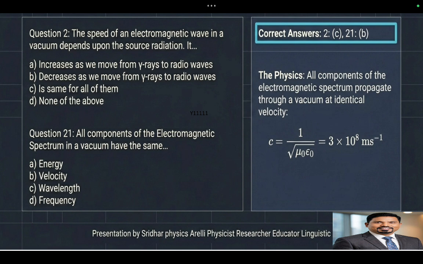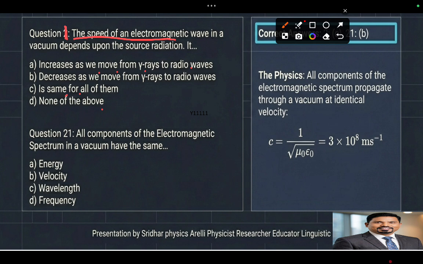Okay, here is the first question. The speed of an electromagnetic wave in a vacuum depends upon the source of radiation: increases as we move from gamma to radio, decreases as we move from gamma rays to radio waves, is the same for all of them, or none of them.